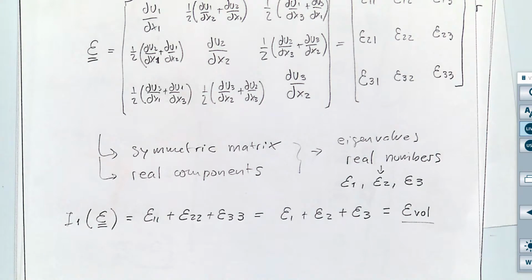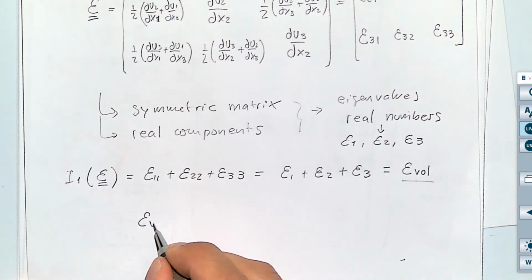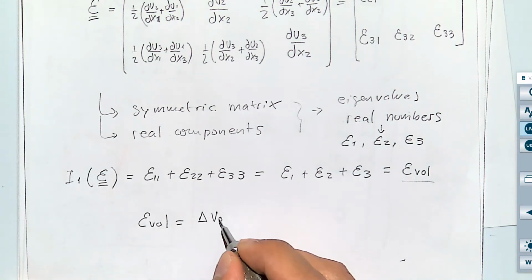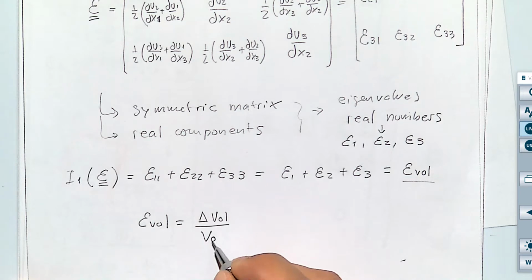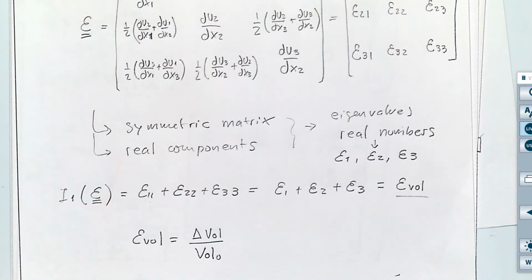And the volumetric strain, by definition, is equal to the change in volume divided by the initial volume. And it's going to be given by adding all the terms in the diagonal.